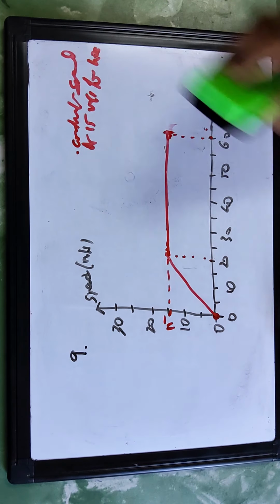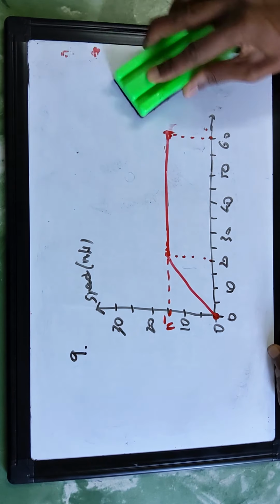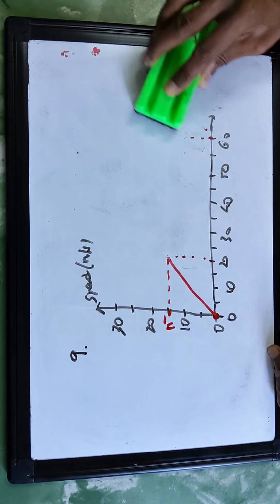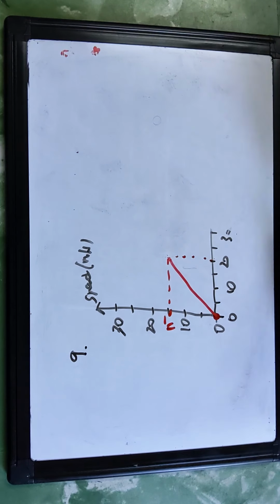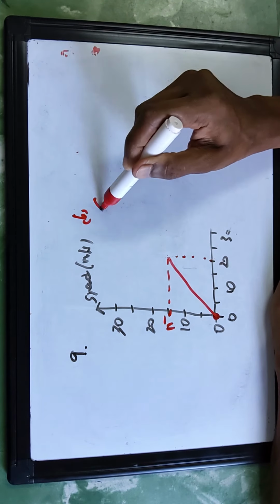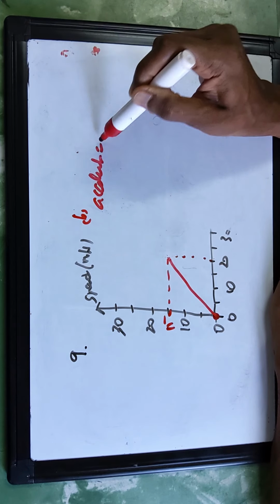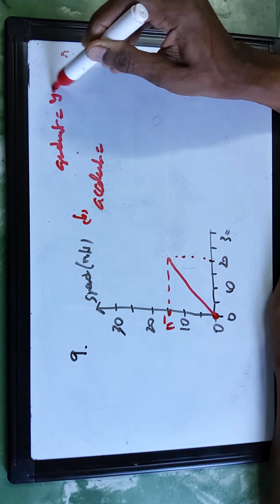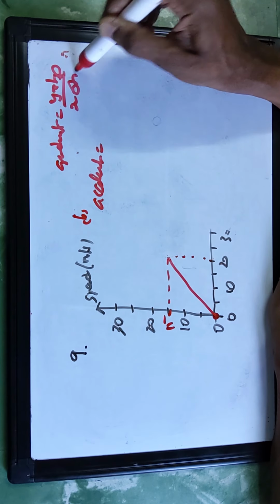The second part of it, you need to find the acceleration for the first 20 seconds. So I remove this part. We need to find the acceleration. So part B, acceleration, this is the gradient. So gradient will be y step divided by x step.